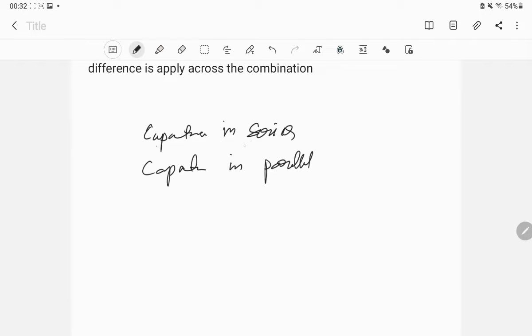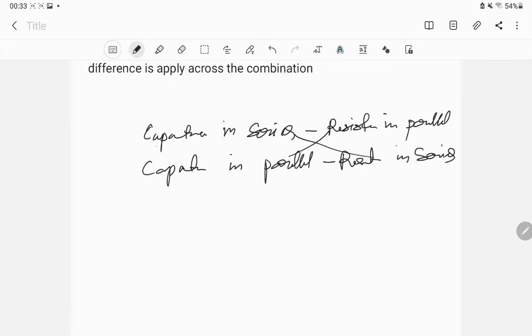The formula of capacitance in series and resistance in parallel will be the same. So here, resistance in series is opposite.